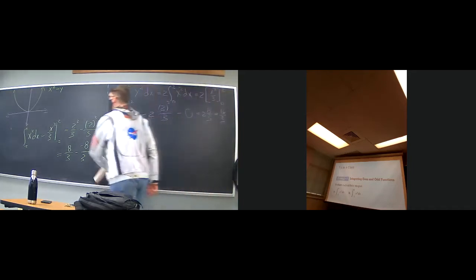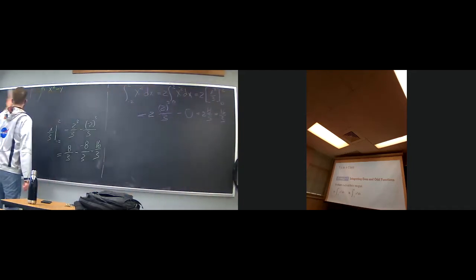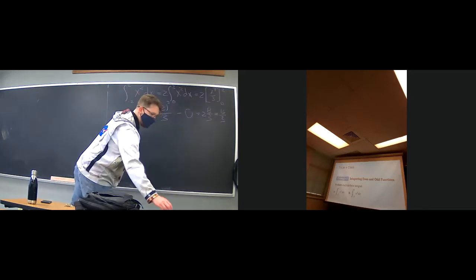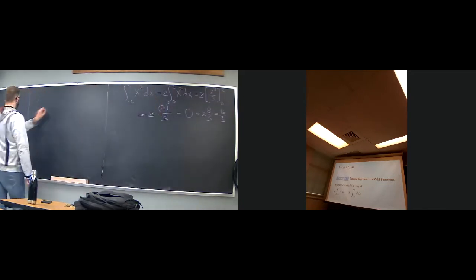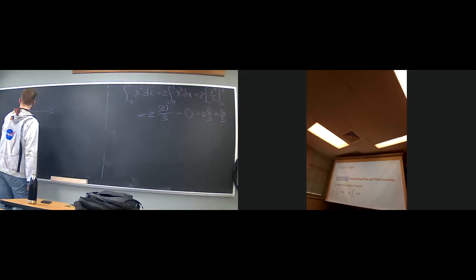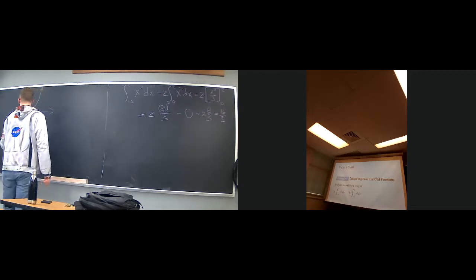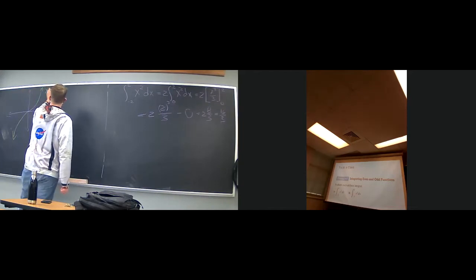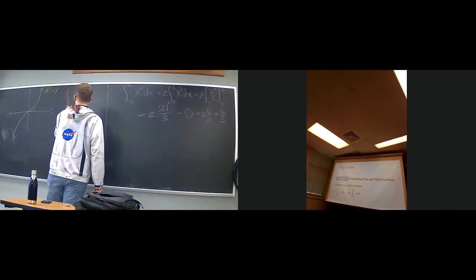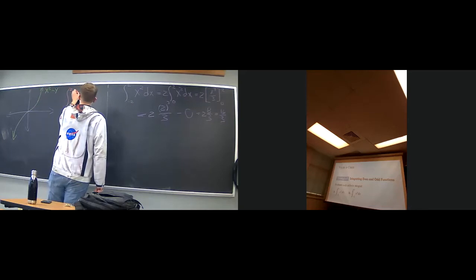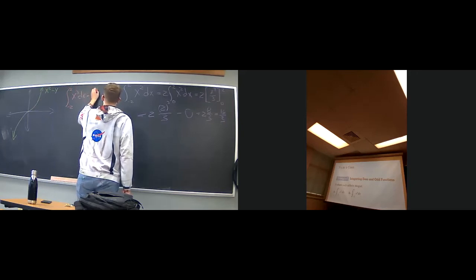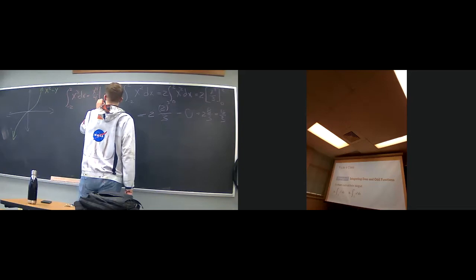Now, in the case of x cubed, the integral from negative 2 to 2 of x cubed with respect to x is equal to x to the 4th over 4 from negative 2 to 2.